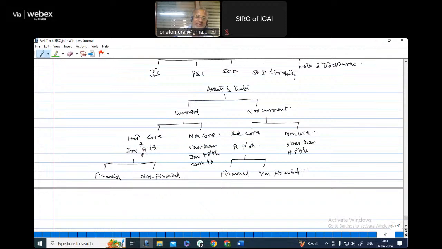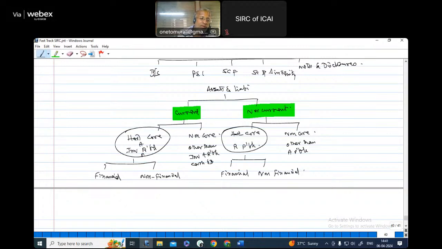On what basis do we classify an item as current and non-current? For hardcore items, assets and liabilities are all classified based on the operating cycle. For non-core items, it is less than or equal to 12 months.